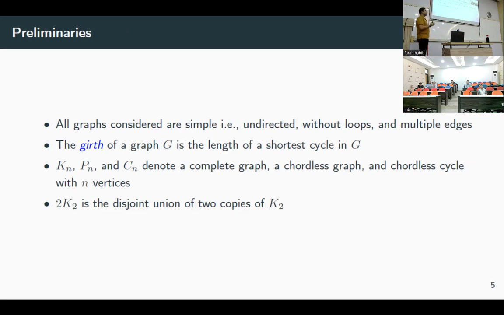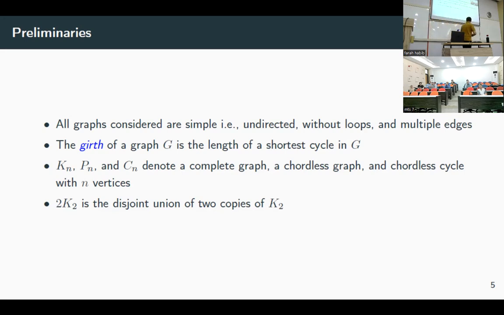K_n, P_n, and C_n denote, as usual, the complete graph, the path graph, and the cycle. So C_n means the cycle on n vertices, K_n means the complete graph on n vertices, and P_n means the path on n vertices.